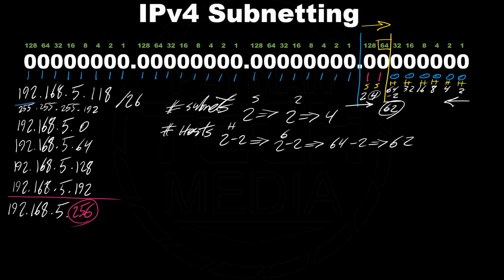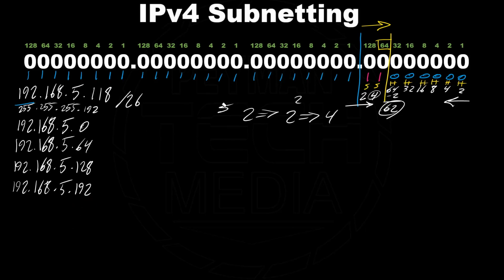Okay, now let's see this IP address with this subnet mask, or this CIDR notation, falls into which subnetwork. So these are the 4 subnetworks. And let's erase to make some space. We talked about that's not the valid one. So what we need to do, we have to look at the host portion. In this case, 118, that's for the host, and 192.168.5, that's for the network.